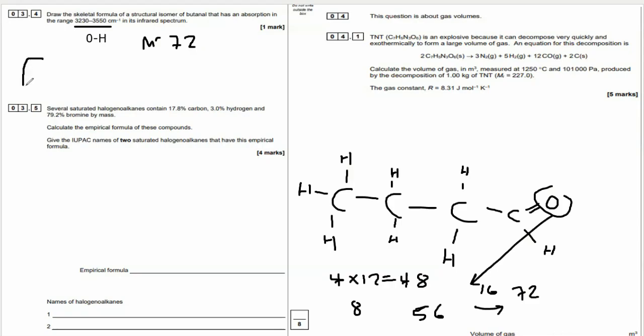You could draw this little one here. There's a whole range of different ones you can draw. Of course, if you check the mark scheme in the link in the description, you'll find that as well. So we could add a double bond in, and we could draw an OH over here.